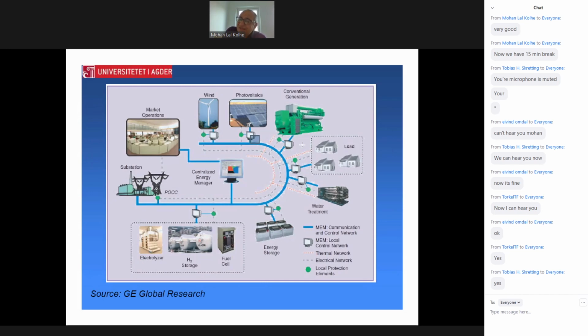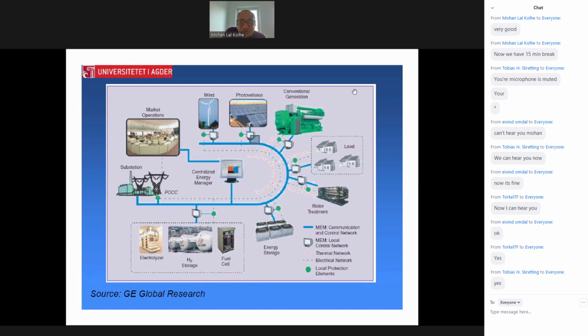So in 1 second of time, 50 cycles should be there. There should not be any deviation. If there is any deviation due to load fluctuations, and those fluctuations may happen due to the intermittency of renewable energy sources, or due to the load dynamics, then the rotational generator is going to provide that stored kinetic energy.